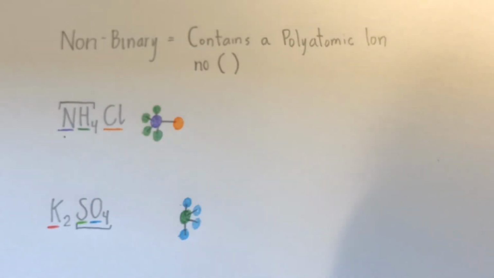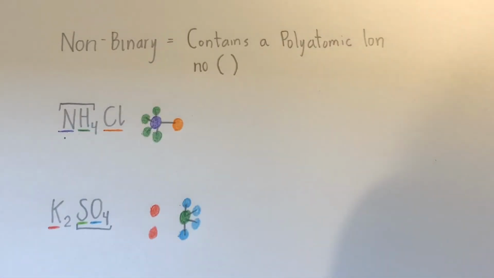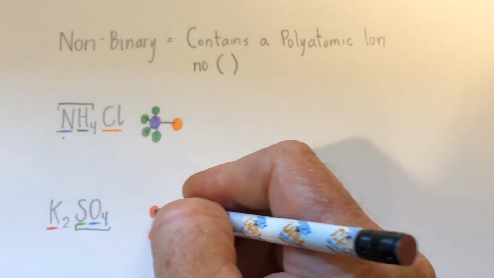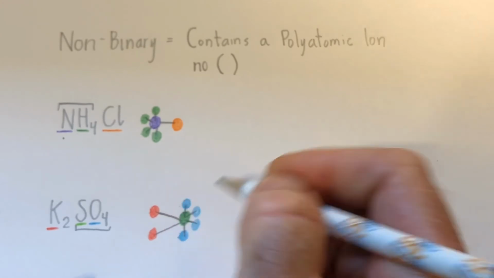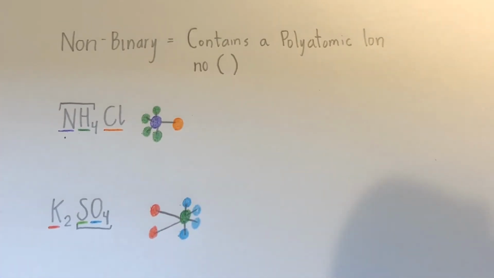And that sulfate is then connected to 2 potassium ions. So my 2 potassium ions are bound to the sulfate, giving me potassium sulfate, K2SO4.